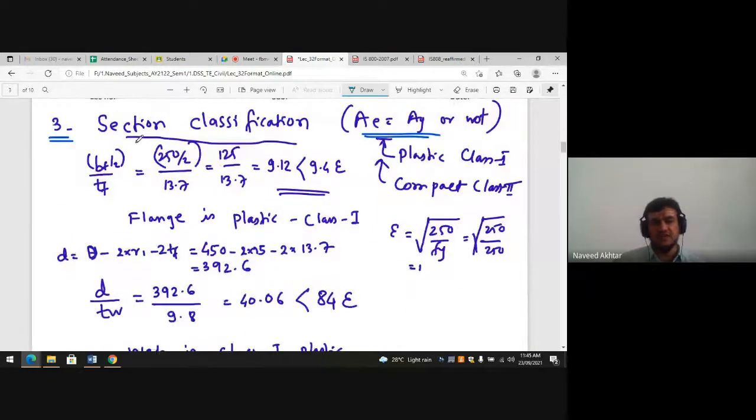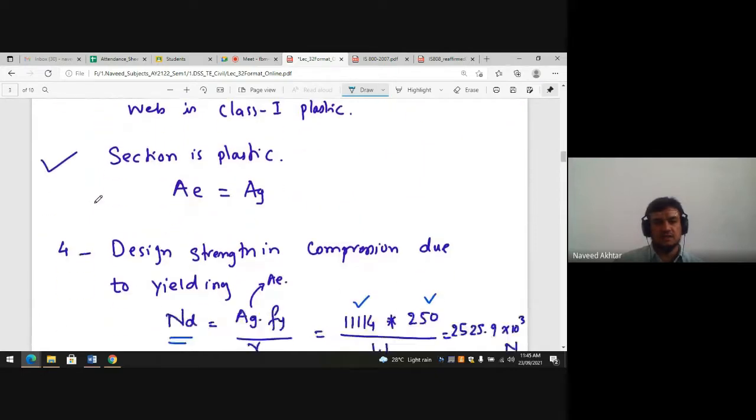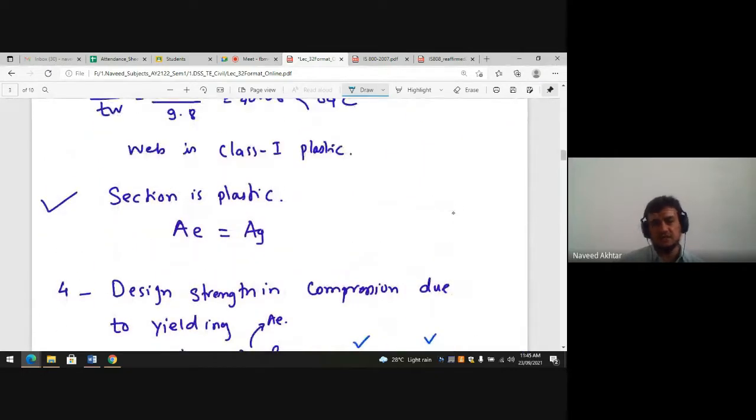Then you have to classify the section, because the section is given, from table number 2 of the IS code and figures given on page number 19 of IS 800 2007. If the section is plastic, it means that your beta B value is equal to 1. This is the main reason for section classification.